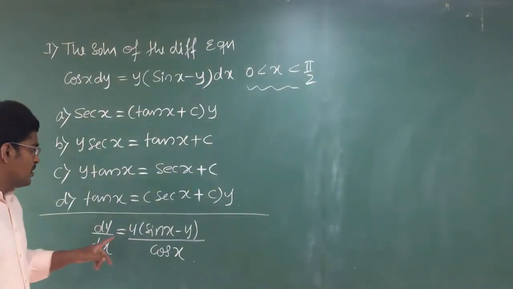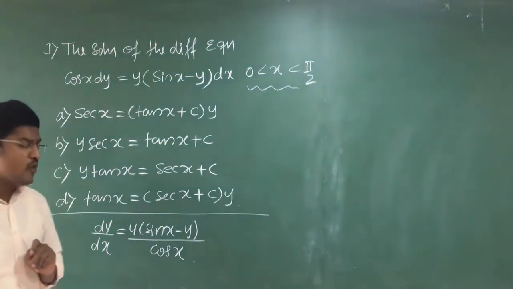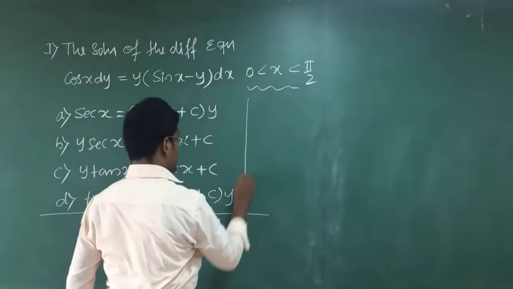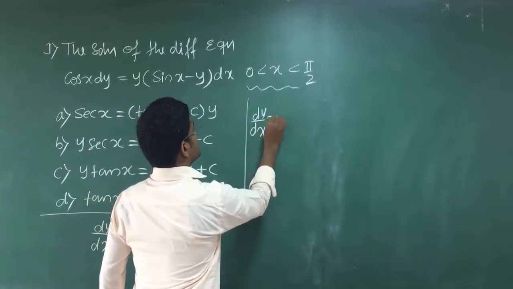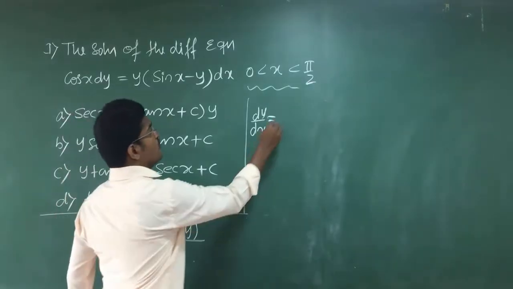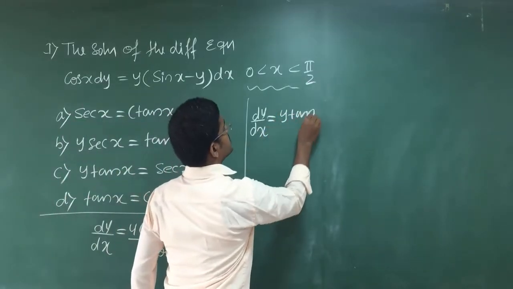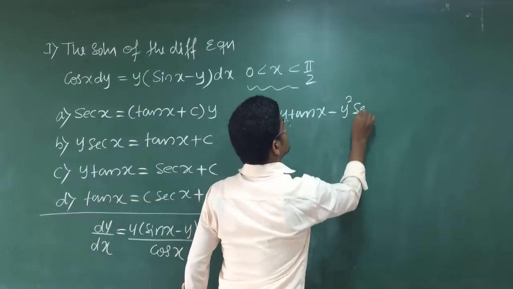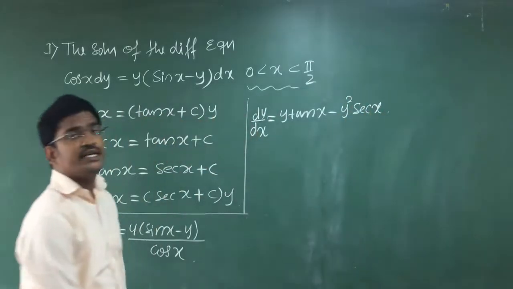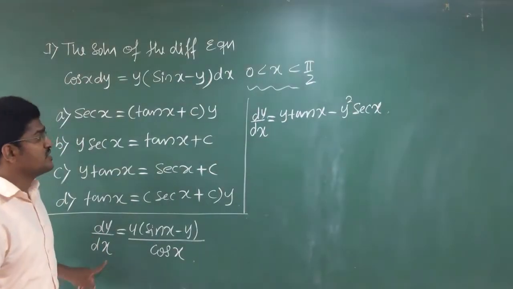Next, see here, if I multiply this with y, what you will get? You will get dy by dx equal to y tan x minus y square sec x. Clear?